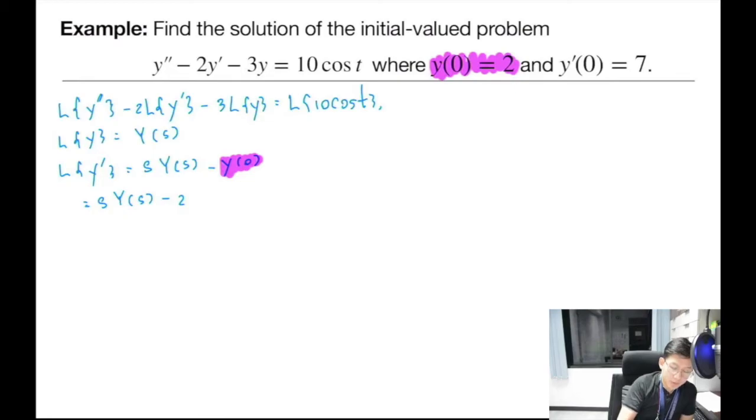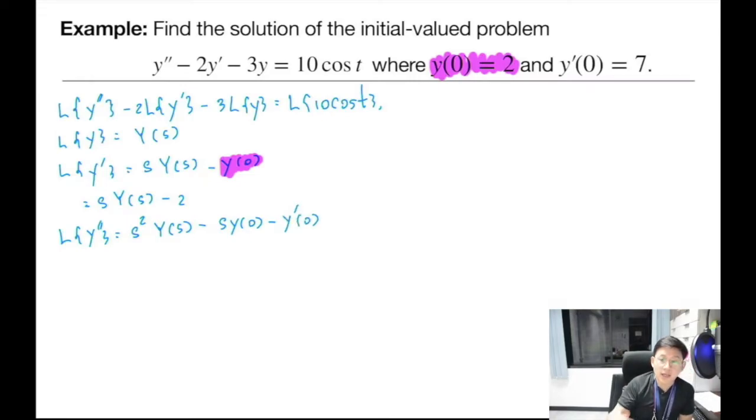Okay, and next the Laplace transform of y double prime is s squared times the Laplace transform of y minus s y0 minus y prime 0. Okay, guys, we need to write this down many times, so you need to be really familiar with the Laplace transform of y, y prime, y double prime, y triple prime.